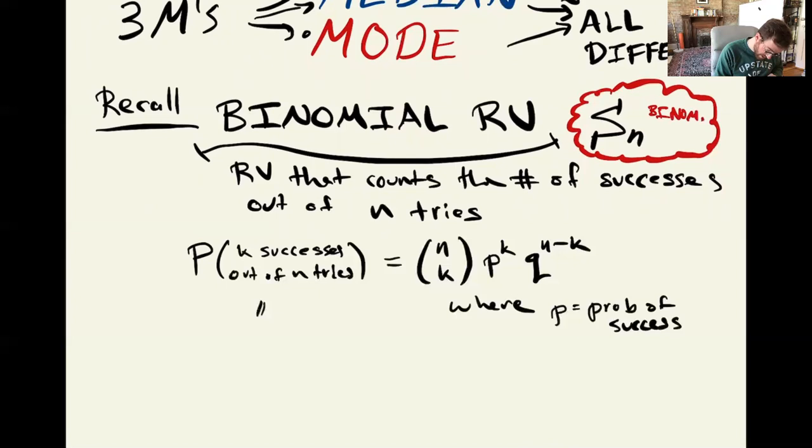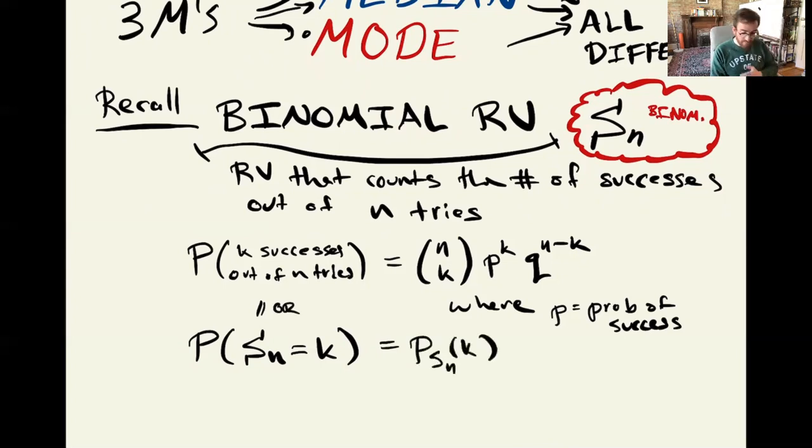Alternatively, we could write this as the probability that Sn equals k, Sn being the letter we're choosing to represent the binomial random variable. Or we could have called this probability sub Sn of k. And sometimes it's convenient to drop the subscript of Sn if we know that we're talking about the random variable Sn, which counts the number of successes, and just focus on the probability of k. It means k successes.